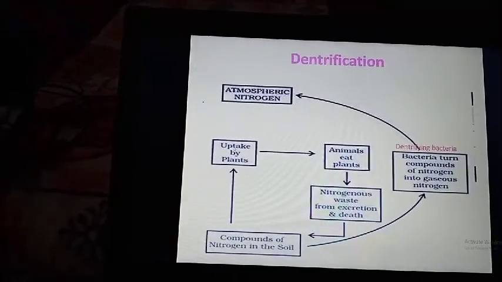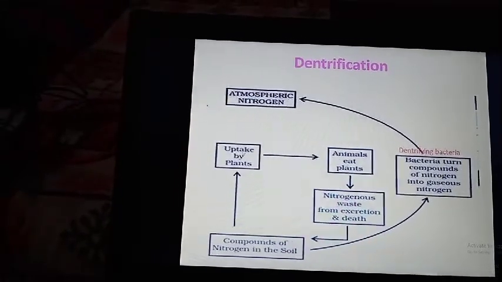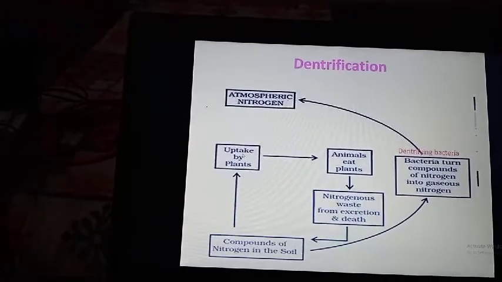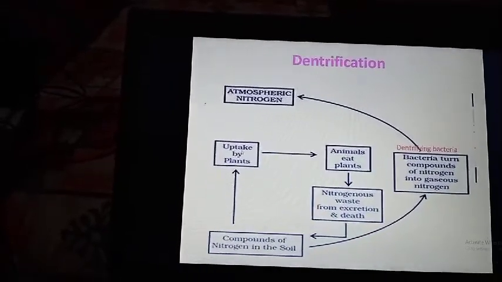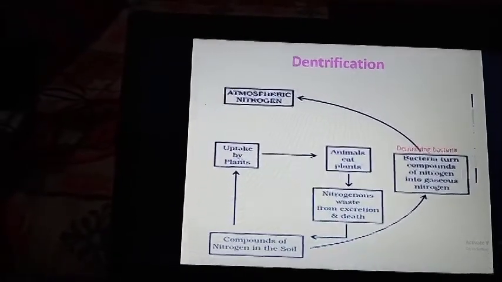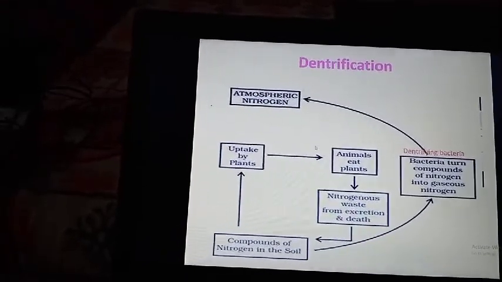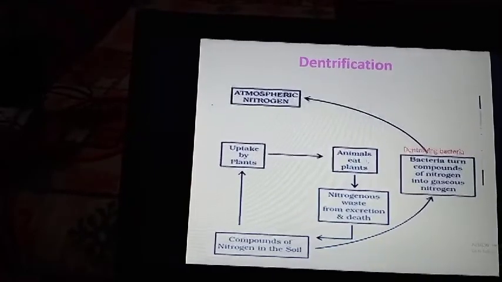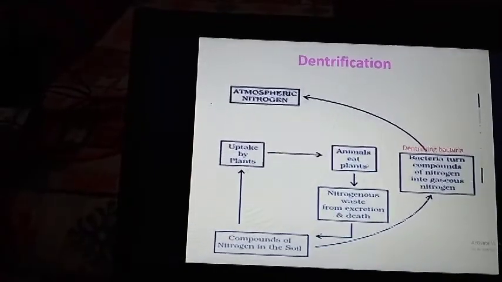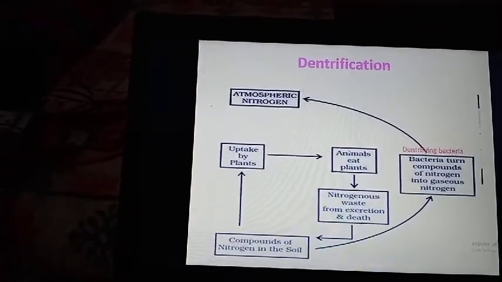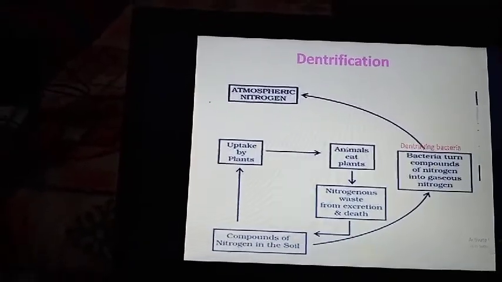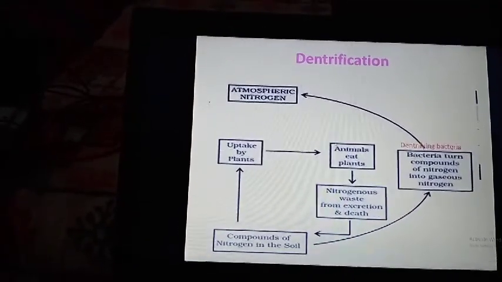So this protein becomes part of the plant body. Thus, the nitrogen also becomes part of the plant body. The protein is used for the growth and repair of the plant. When the animals eat the plants, the animals get the proteins from the plants. Thus the nitrogen reaches the animal body.